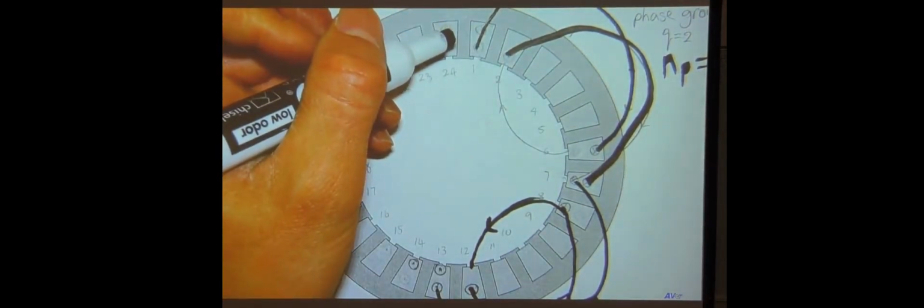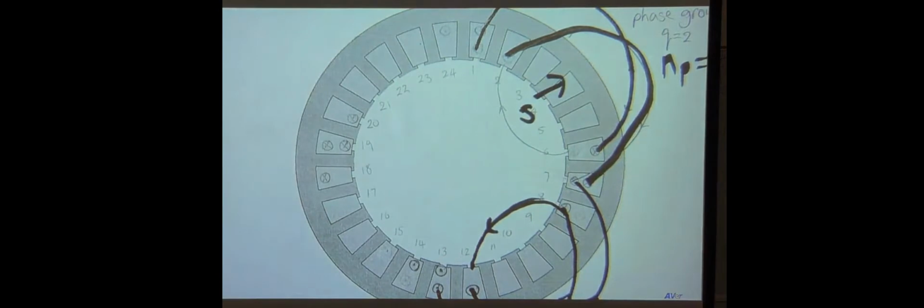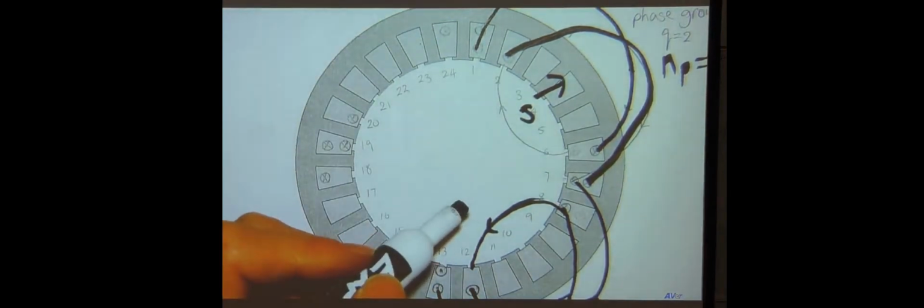This set of windings here will create, if you look at the right hand rule, a south pole here, then this here is going to be creating a north, then a south and then a north if you go around.